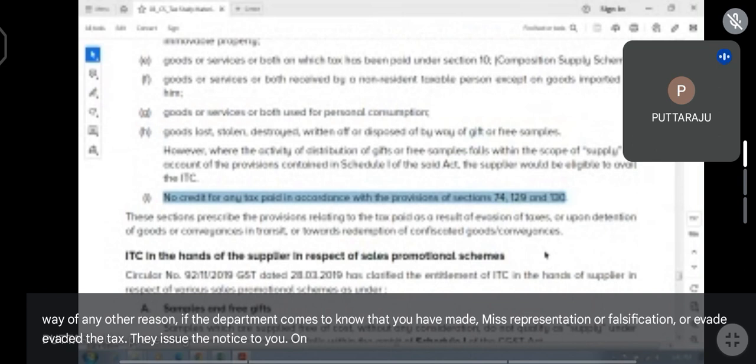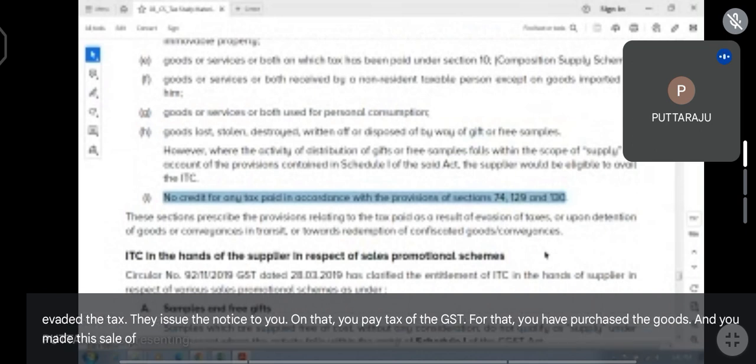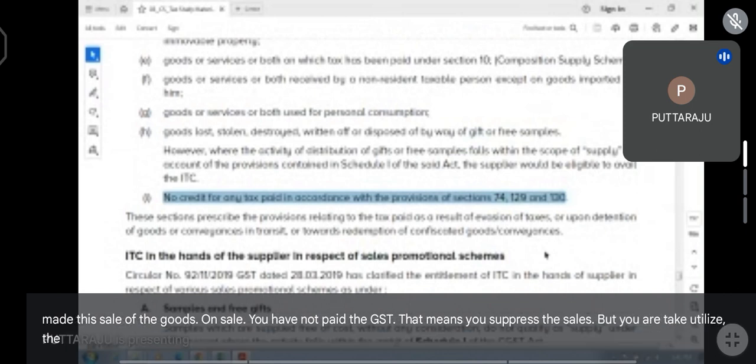On that, you pay the GST. For that, you have purchased the goods and made the sale of the goods. On sale, you have not paid the GST. That means you suppressed the sales. But you have utilized the credit of the goods purchased.